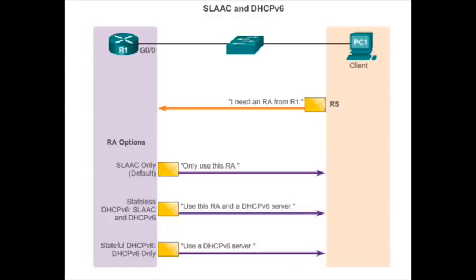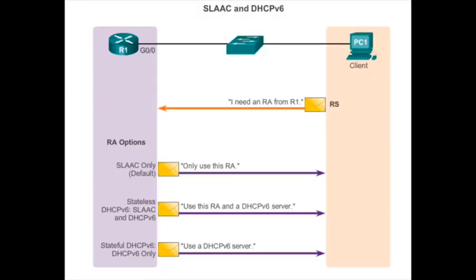There are three ways to configure and obtain IPv6 address information automatically: by using the SLAAC process, by using the DHCPv6 process, or a combination of both. This depends on the RA message.